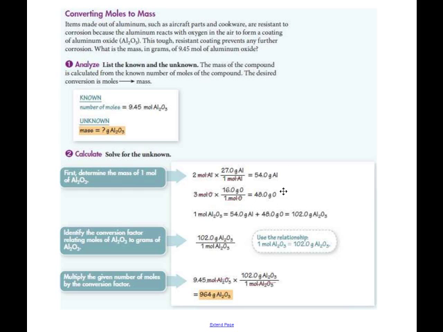Put all of this together, add them, and I get 102 grams of aluminum oxide in 1 mole of aluminum oxide. So there's my conversion factor now that I know the molar mass of aluminum oxide, and it's just a matter of multiplying, right? If we look at our conversion factor, we put moles on the bottom so that they cancel here. We put grams on the top, multiply through, we get our final answer.